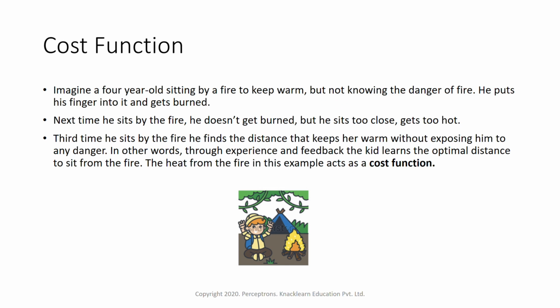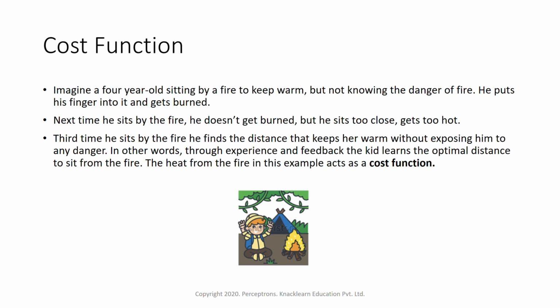To understand this cost function, imagine there is a 4-year-old sitting by a fire to keep himself warm, but not knowing the danger of fire. He puts his finger into it and gets burned.